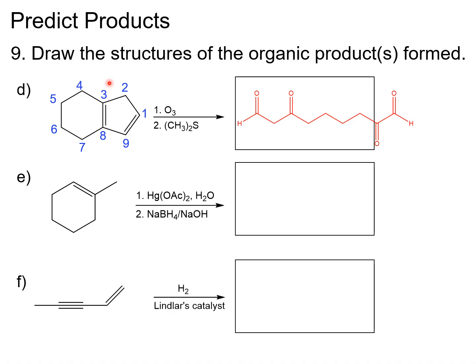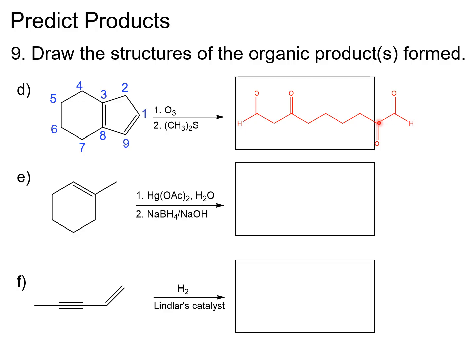Now let's go ahead and make sure I have every carbon accounted for in my product. So at this position, this is going to be the aldehyde. What carbon does this have to be? Does carbon 3 have an H? No H on 3. Does carbon 8 have an H? So that's got to be either 1 or 9.